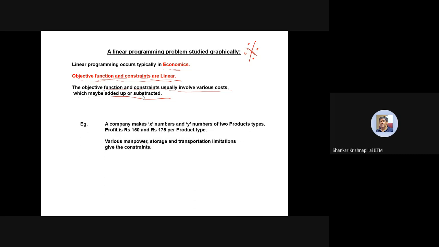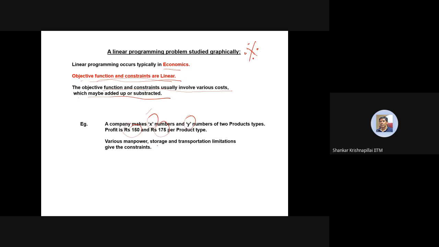A company makes X numbers and Y numbers of two types of products. The profit of making first, that is X type of product, is rupees 150 per item, and the profit of making Y type of item is rupees 175 per item.